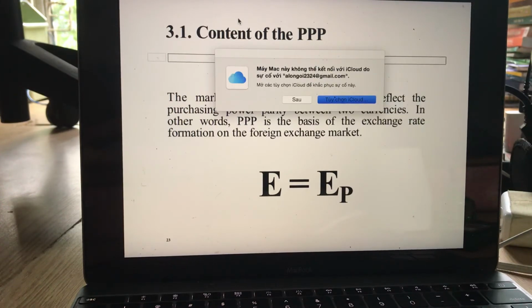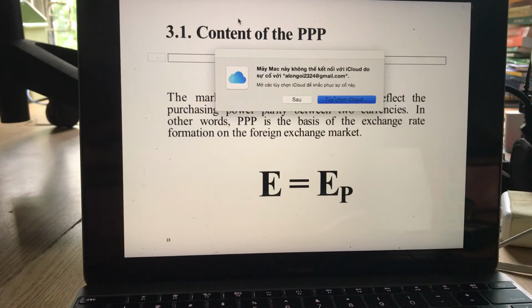From the first slide when we studied this chapter, I mentioned that when we search for exchange rate information on a commercial bank website, the exchange rate values are quite different.